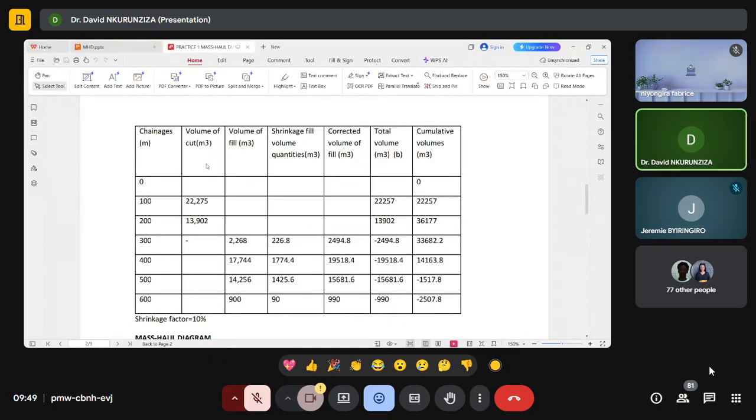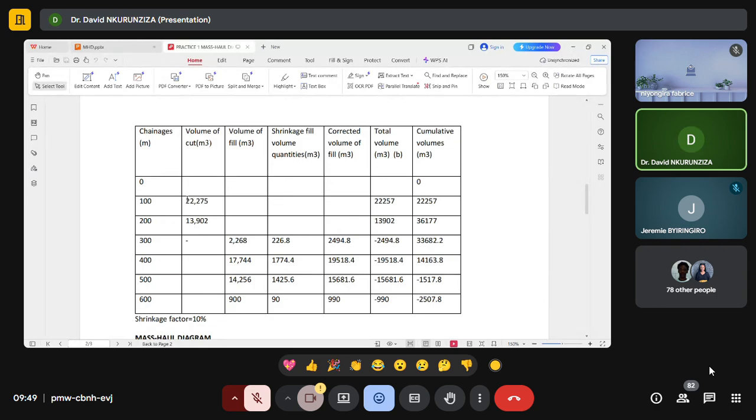Then for that particular road, normally the project from chainage 0 is of course the start. That's why the cumulative volume is 0. Now, when you go to 100 meters, from 0 up to 100, we have a volume of cut.